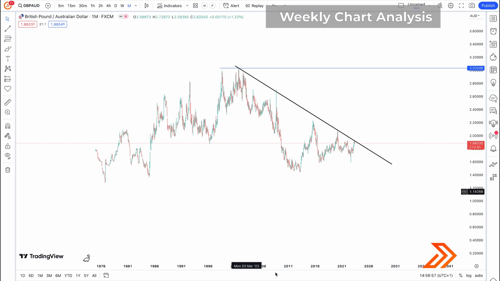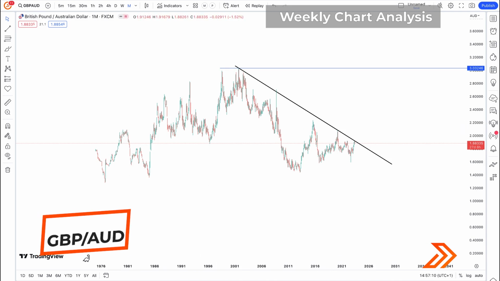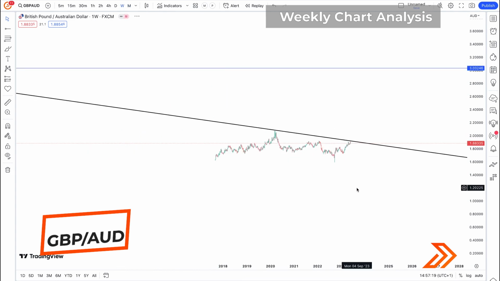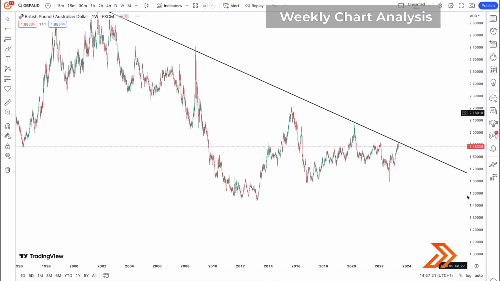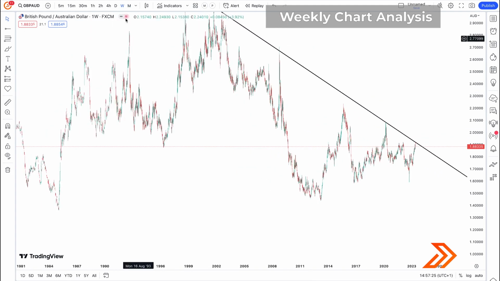This is what we call the head, this is more like a left shoulder, and this is a right shoulder forming right now, all right? We could call this zone the neckline, which signifies that the price on GBP AUD is sort of bearish, right, guys?